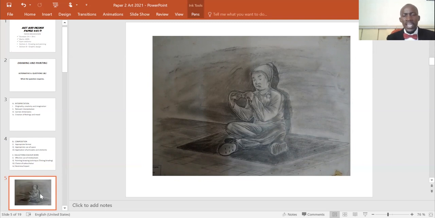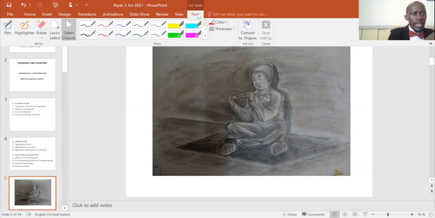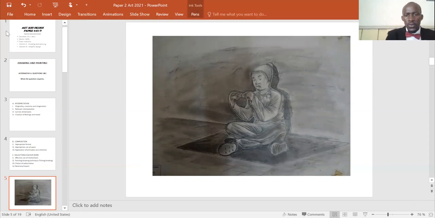If you look at that particular composition, in the use of space we have what we call the negative space and the positive space. The area where the artwork occupies becomes what we refer to as the positive space.